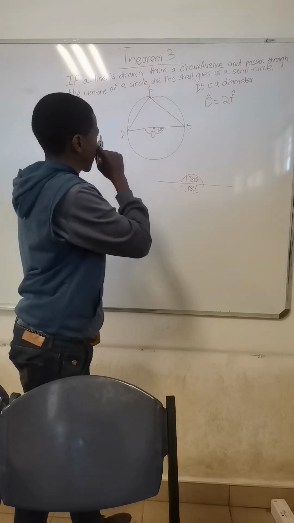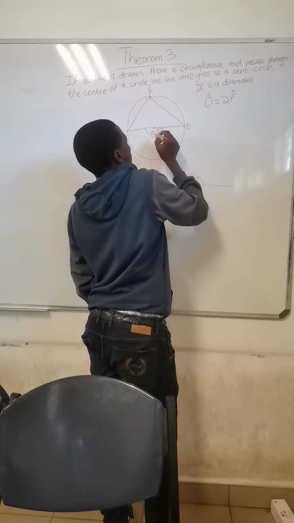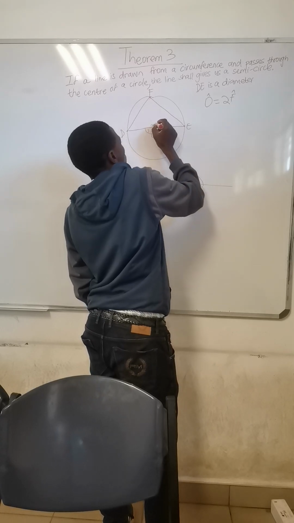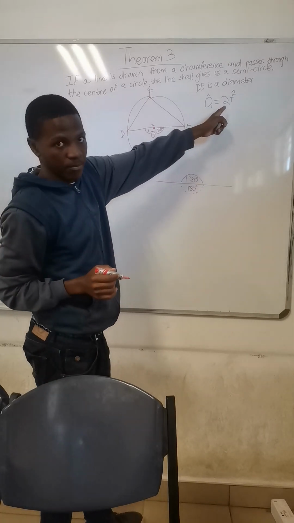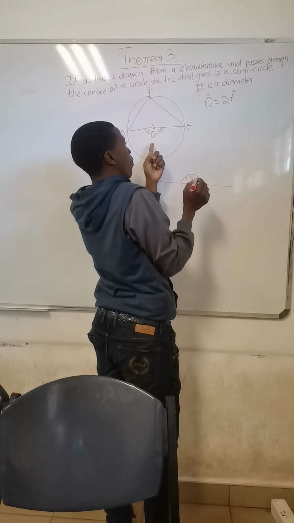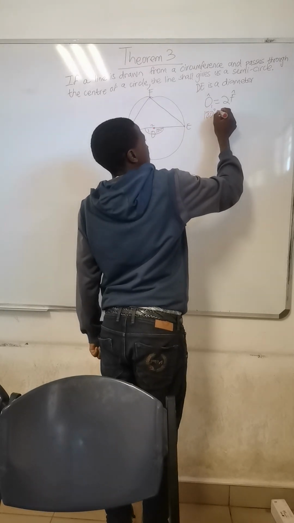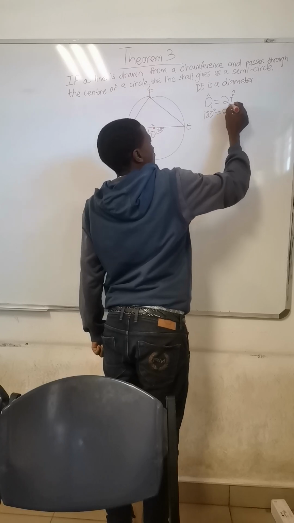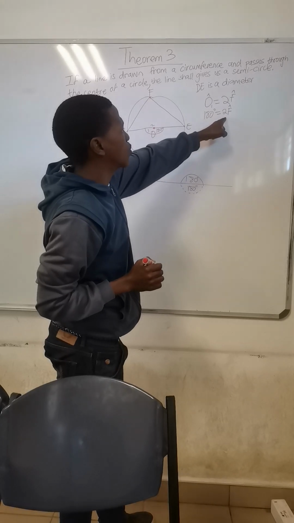So let us check again. Let's say this is O1, this is O2. Let's say O1 is double of F. And then we are going to say the value of O1 is equal to 180 degrees, equal to double of F.